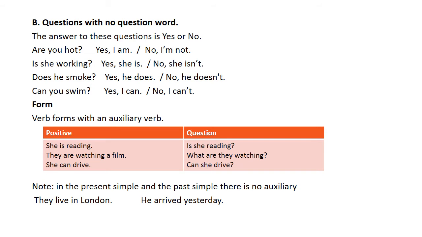Is she working? The answer, we can say yes, she is, or no, she isn't. Does he smoke? We can answer yes, he does, or no, he doesn't. Can you swim? The answer, yes, I can, or no, I can't.